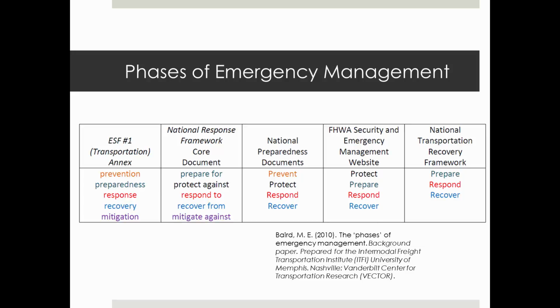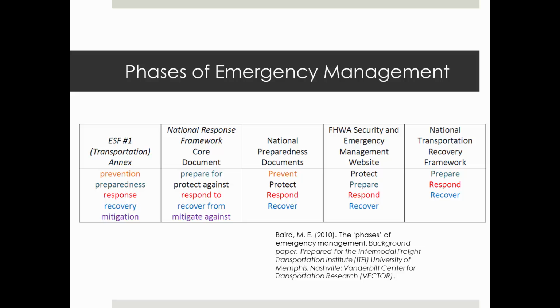Now, for the sake of full disclosure, simply Googling phases of emergency management may result in a number of different answers. Even within the government, you can see that many different models have been published. However, the 4 that I'm giving you is the most commonly accepted and understood phases. Be aware that there are others, such as you can see here under the Transportation Annex. That's a FEMA document.